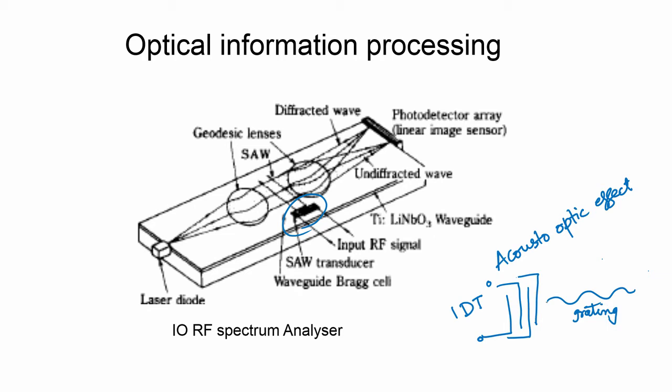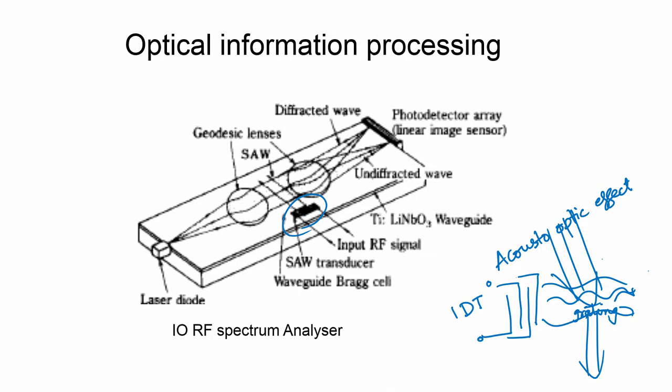That means the refractive index varies periodically, creating a sort of grating, and we have seen that the light could be deflected by this grating. The light incident on this could be deflected into some directions.